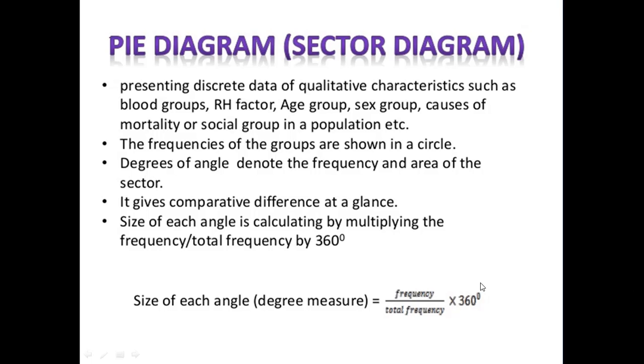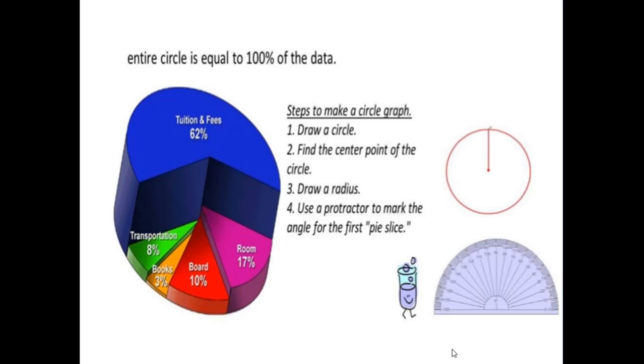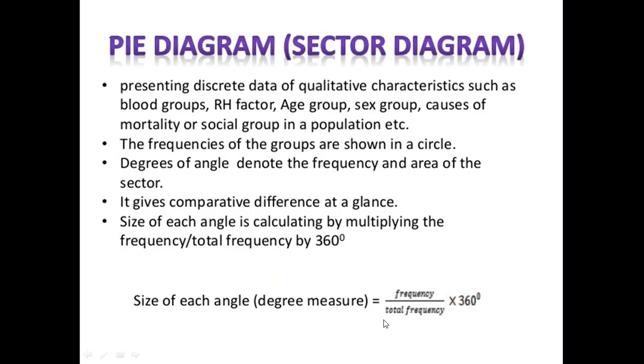So this is the formula that we'll be using for finding out the pie diagrams. We have already done some questions on the basis of this and have already calculated one.